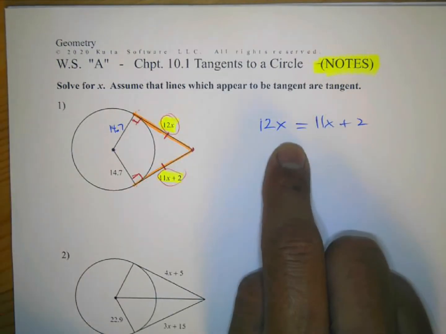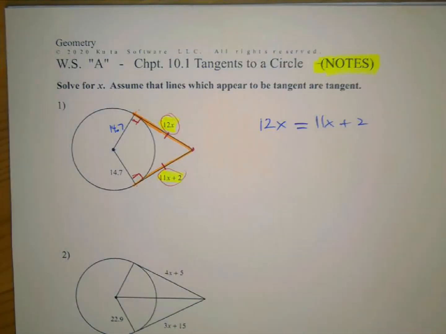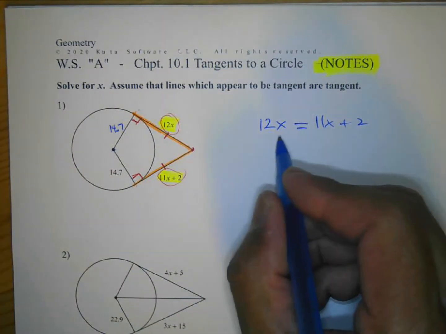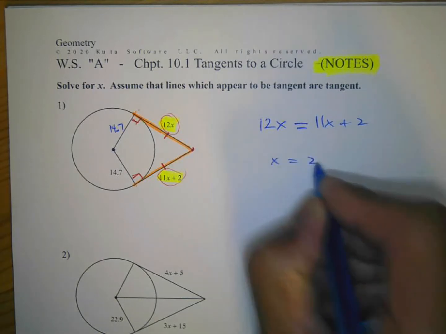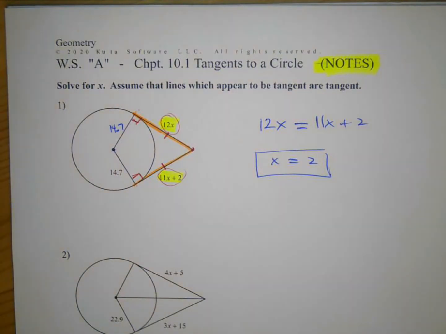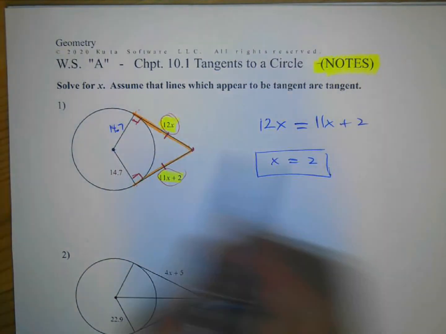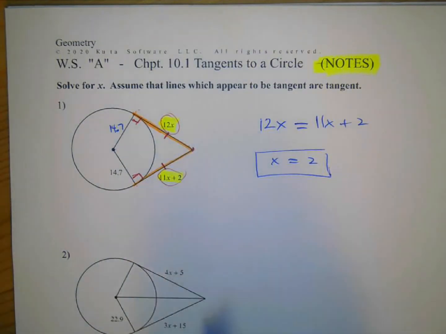And when you put those congruent to each other, they're equal to each other, right? And when you solve for this, you're going to get x equals 2. And that's what it says, solve for x. So let's see, if x equals 2, that's 12 times 2, that makes this one 24.